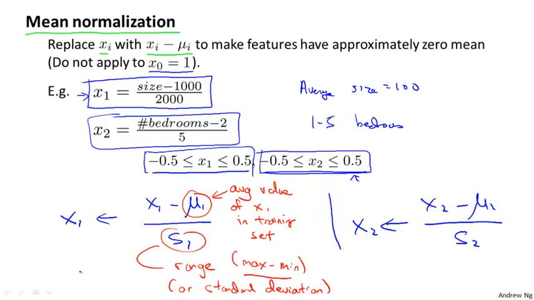So if max is 5 and min is 1, then the range of bedroom values is equal to 4. But all of these are approximate, and any value that gets the features into anything close to these sorts of ranges will do fine. The feature scaling doesn't have to be too exact in order to get gradient descent to run quite a lot faster.